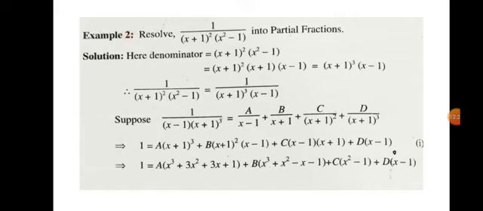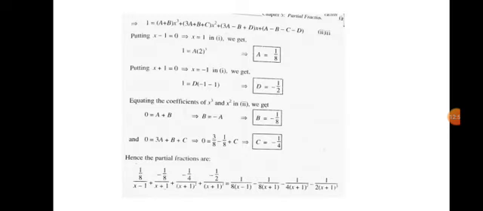We are going to open the formula of x plus 1 whole cube, x cube plus 3x square plus 3x plus 1, into b into x square plus x minus 1. I first opened x plus 1 whole square, and then the answer is multiplied by x minus 1, plus c into x square minus 1. You know, a plus b into a minus b is equal to a square minus b square, and d into x minus 1.